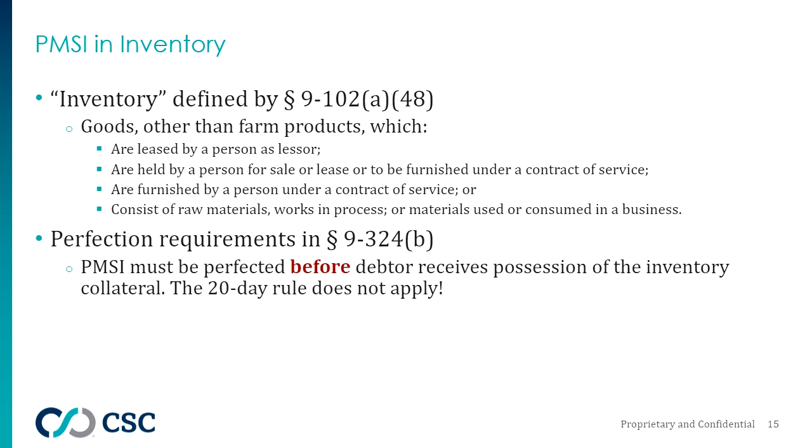As long as it's perfected before more come in, anything that comes in after perfection can get the purchase money priority in inventory. But there's one more step to this, and that is the secured party must also send a notice to the holder of any conflicting security interests in order to get their purchase money priority.